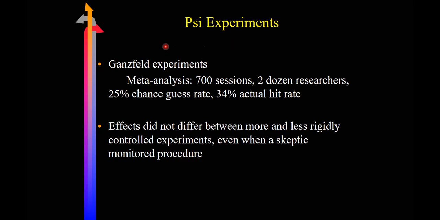For example, Ganzfeld experiments. Many of these have been done with meticulous care to prevent subjects from getting information any way other than by this extrasensory type of perception. In Ganzfeld experiments, the subject is to receive some sort of information from another individual, and the two individuals would be separated by some distance.